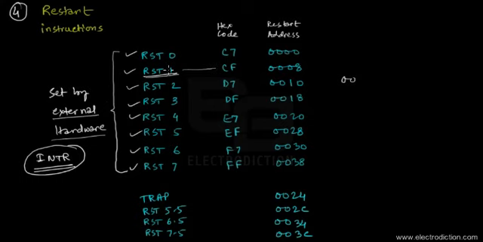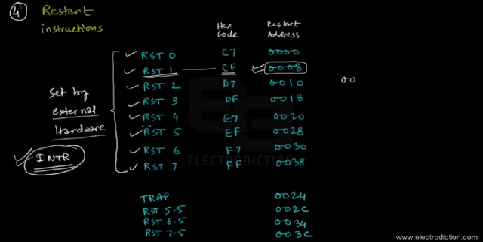The corresponding hex code, CF, instructs the 8085 to transfer the program control to memory address 0008H.